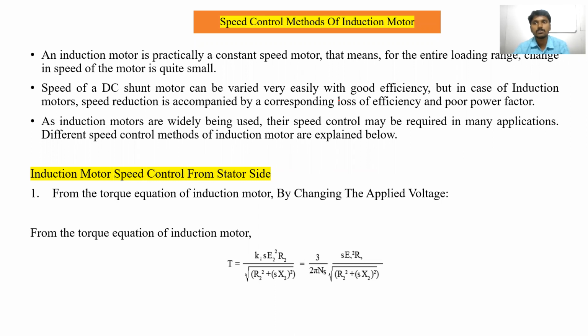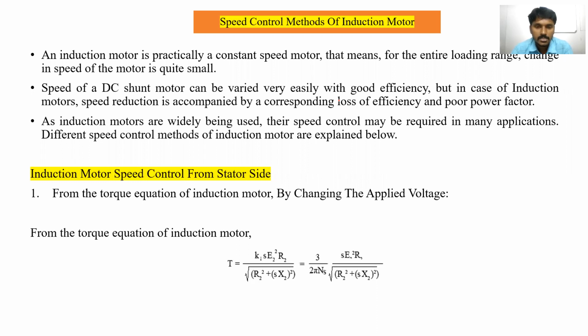It is easy to control the power using power electronic converters, maybe a converter, inverter, chopper, AC voltage controller, and so on. So we can control the power by using power electronic converters. If the power is controlled, the speed can also be controlled.